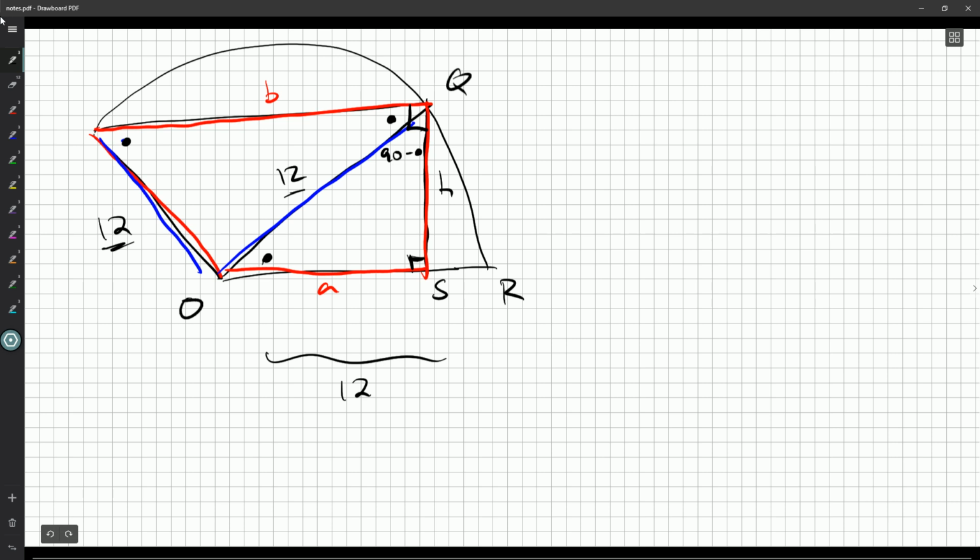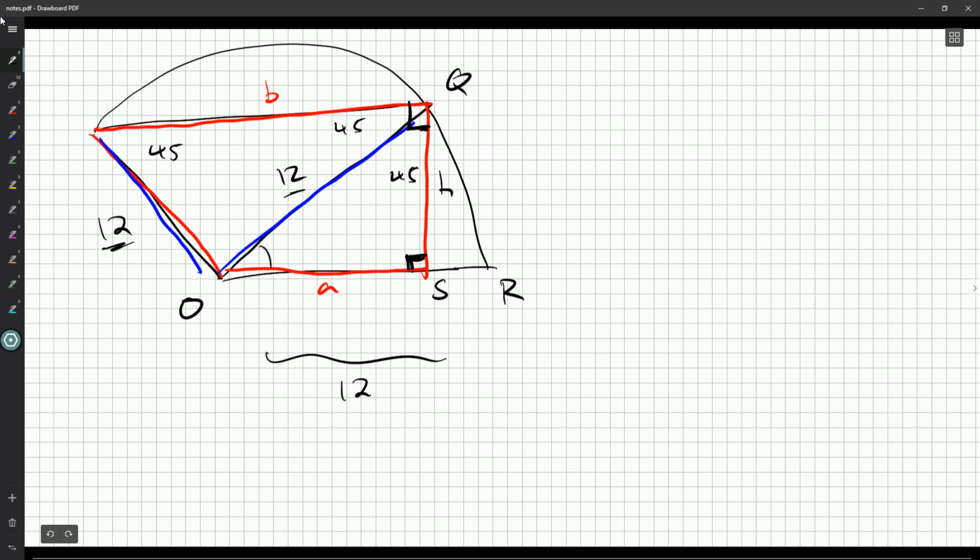And what's more, since it's a quadrilateral, the sum of the angles inside a quadrilateral is 360 degrees. I've got 90 and 90, that makes 180. This whole thing is 135. And so this up here, what plus 135 is equal to 180? The remaining 45. So this is 45, and this is 45, and this is 45. So we actually understand the angles in our shape a little bit better.